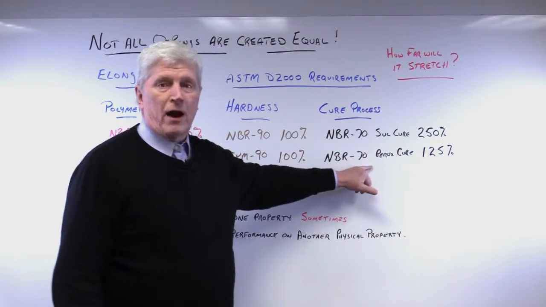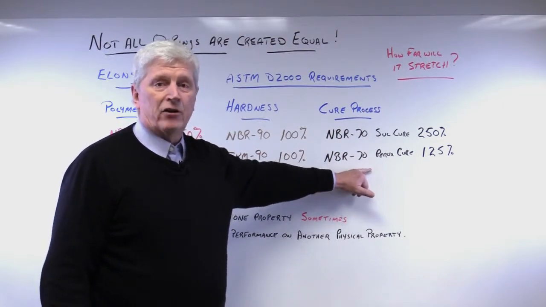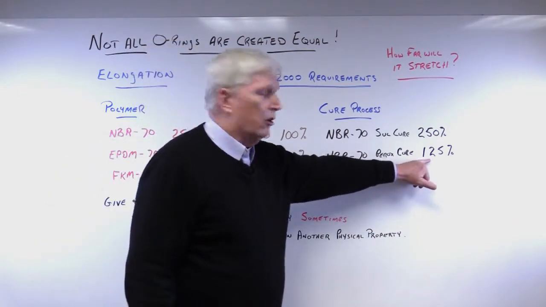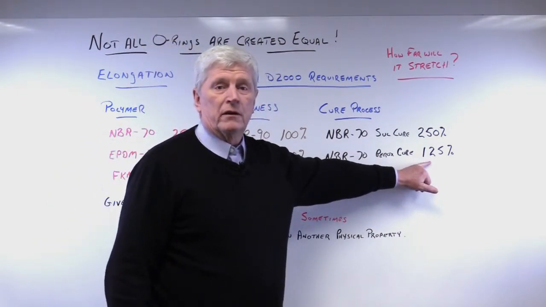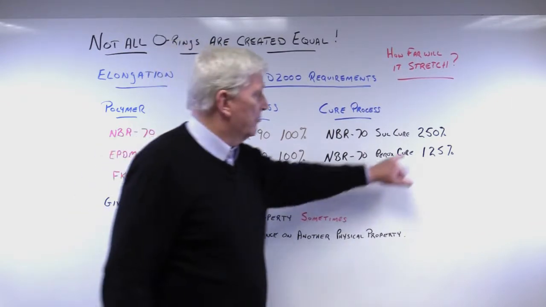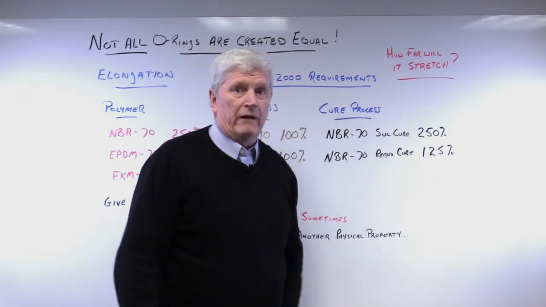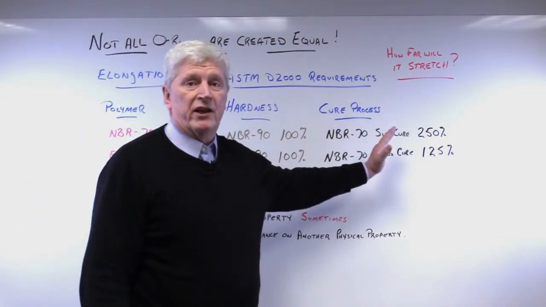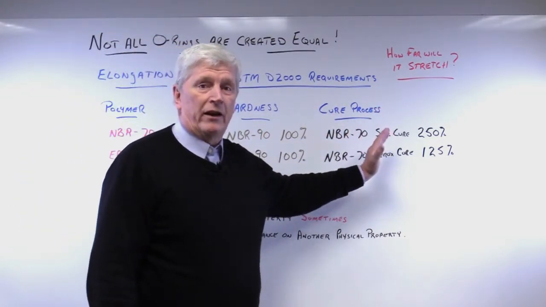But by going to a peroxide cure material, one with better compression set and a little higher tensile strength, look what happens to your elongation at the same 70 durometer hardness. Drops 250 down to 125. Base polymer, hardness, curing process all have an impact on elongation.